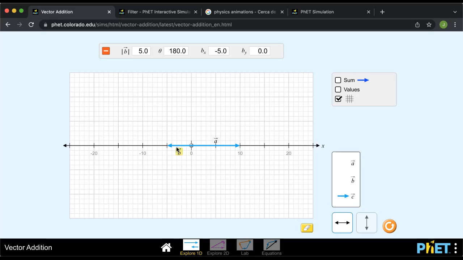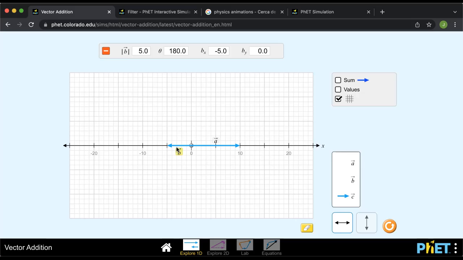And yes, if you are asking yourself whether we can do an addition or a subtraction of vectors, the answer is yes.